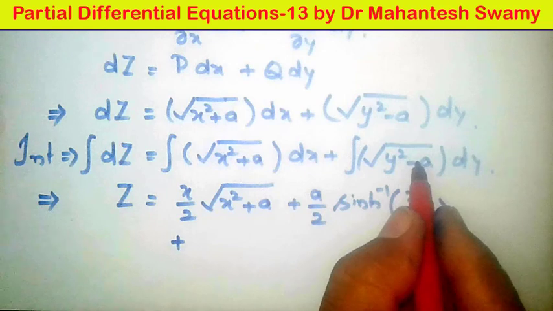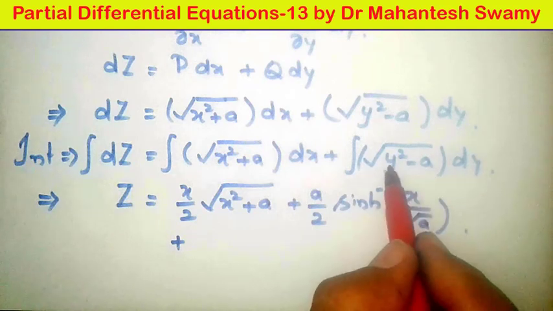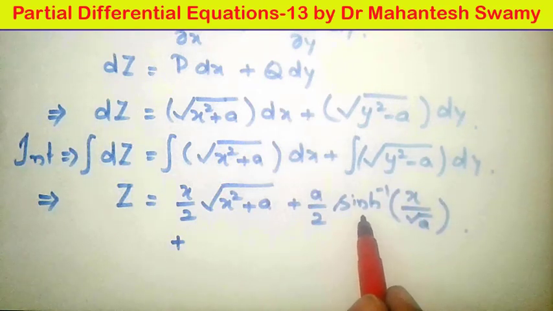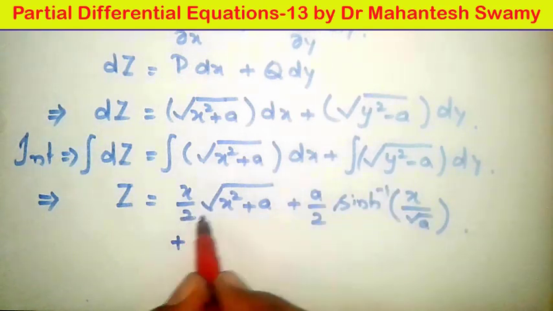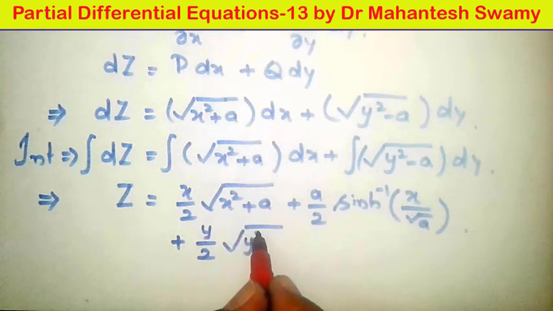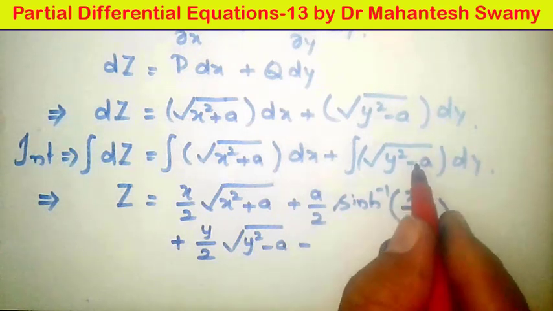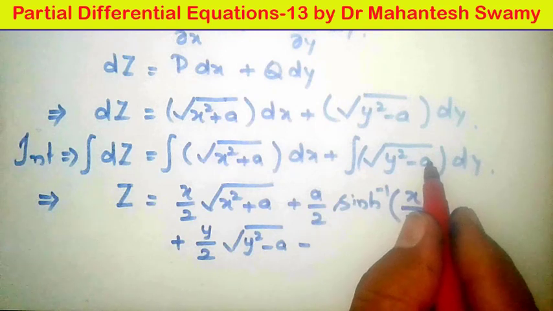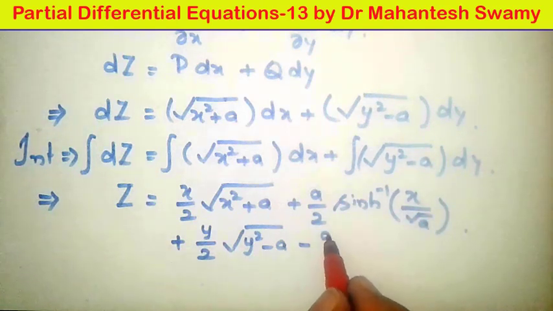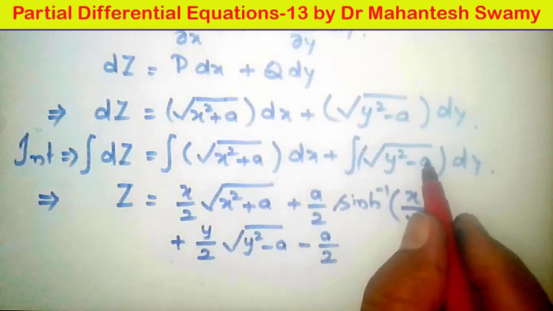the value of this integral is just like integral of square root of x square minus a square. When it comes minus, in place of sine hyperbolic inverse, it comes cos hyperbolic inverse, everything else will be same. So here instead of x by 2, we have to take y by 2 into the same root, y square minus a, minus, because this minus sign is here, and instead of a square by 2, here we have to take a by 2, because in the formula we have y square minus a square, but in place of a square we have a, therefore a by 2.